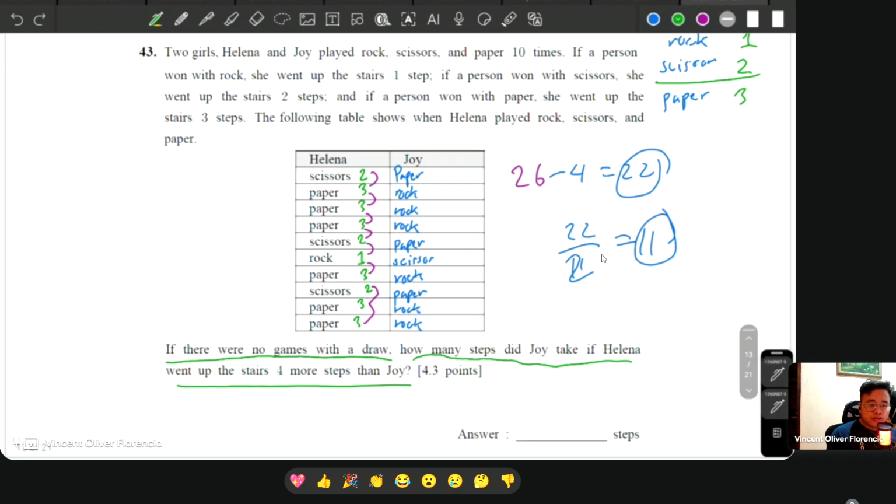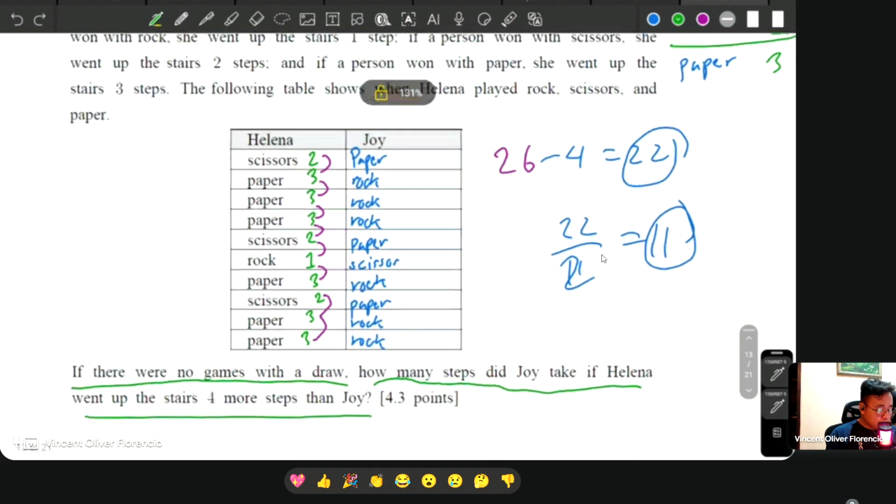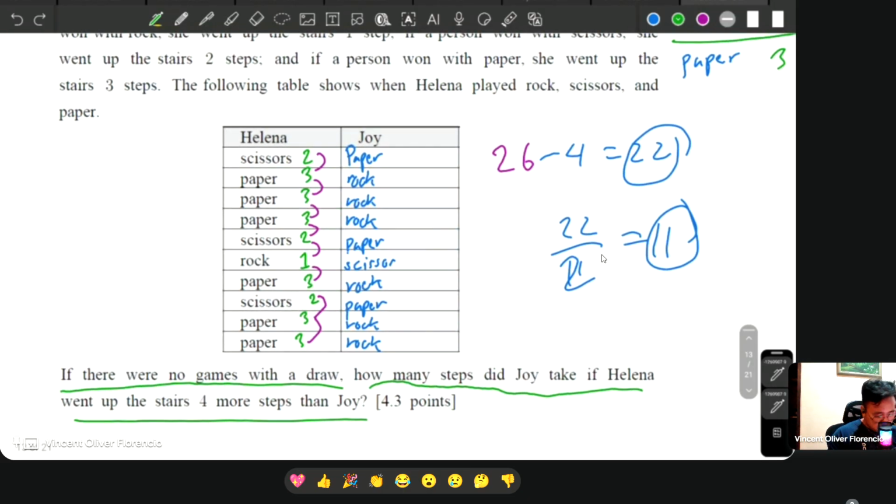Okay, so what I did here is I also did trial and error. Again, this one, by the way, has different solutions. You can just do estimation, but it will have the same result. What happened here is that I just gave Helena this one, the 2 points.